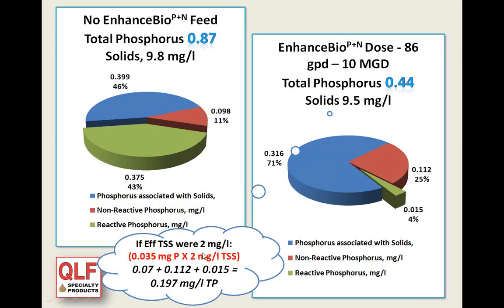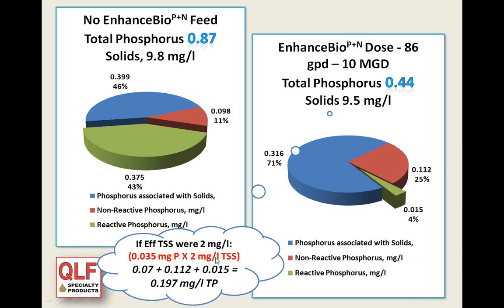I also did a quick calculation here just to give you an idea of how much the suspended solids can impact the phosphorus levels in the effluent. I look at total phosphorus. Let's say your effluent TSS was 2 instead of the 9. We found that there is 0.035 milligrams of phosphorus per milligram of TSS.